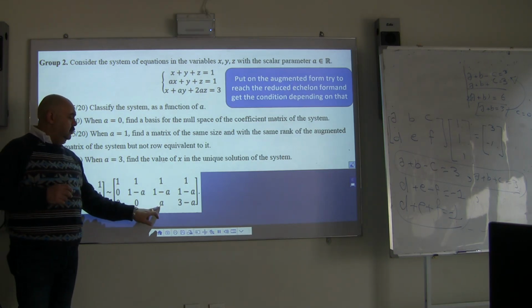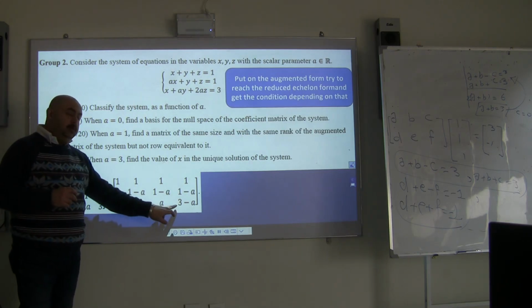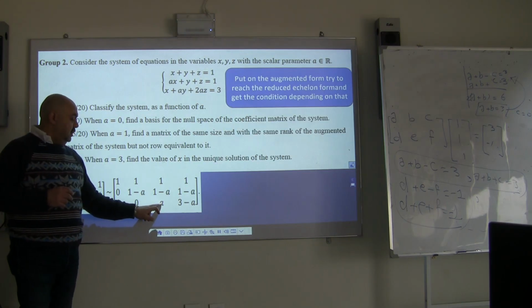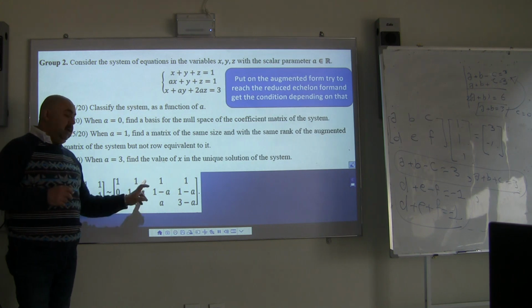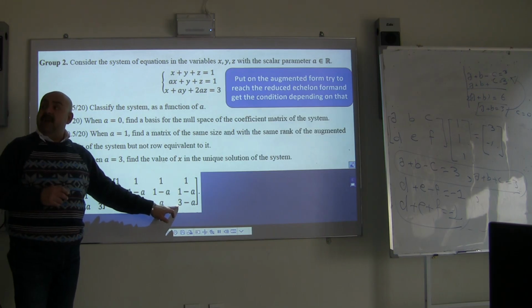First, if A equals 0, you will have no solution. This element is going to equal 0, that means the rank of the coefficient matrix is going to be 2. But when A equals 0, this is going to remain with you, so the rank of the augmented matrix is 3.